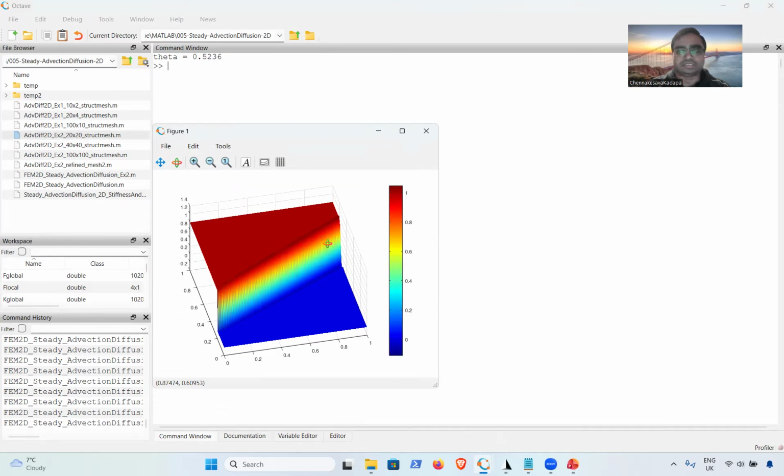The solution has a steep jump, but we still have some undershoot and overshoot because the value is above 1.